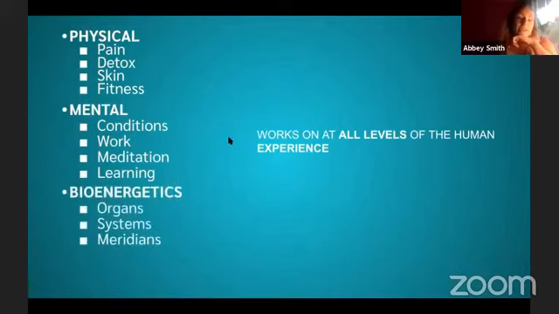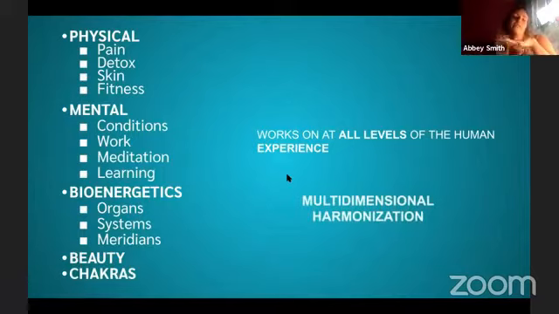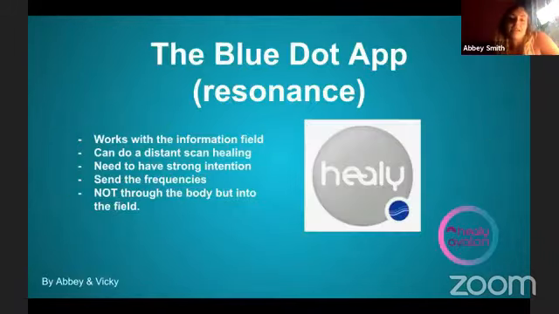And then we've got the bioenergetic, the organs, the systems, the meridians, and then we've got beauty and chakras. It works on all levels of the human experience, multidimensional harmonization. So this machine can help you gain that. And it's fantastic. So I am now going to show you a demo of doing a scan.